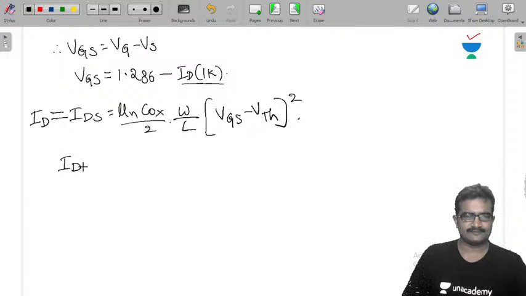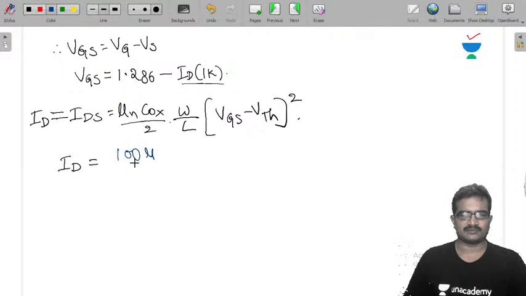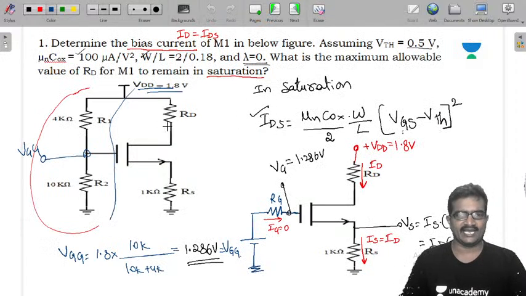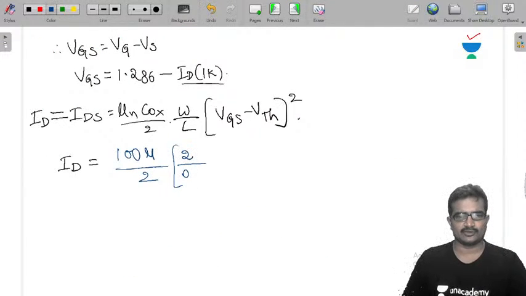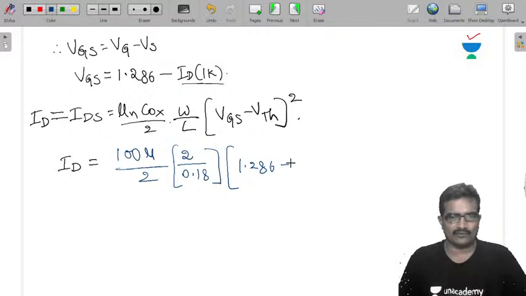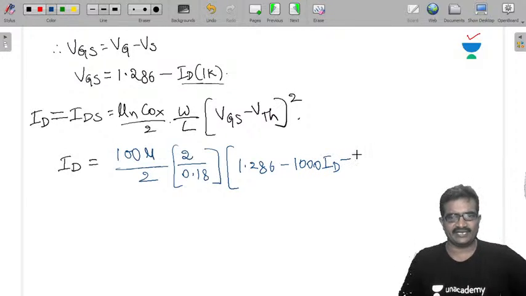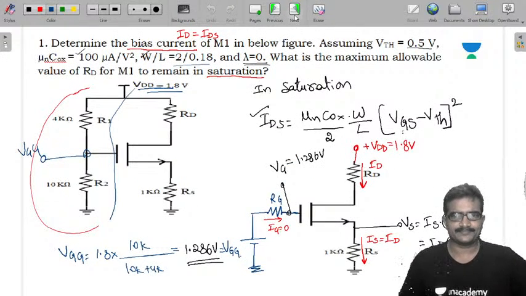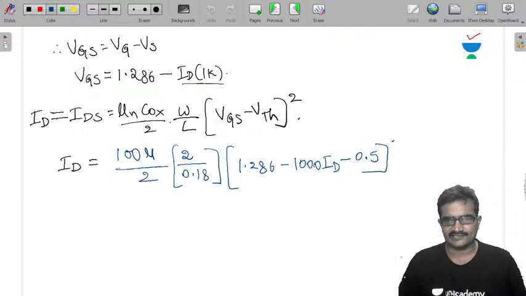Now therefore ID is mu n COX, which they gave as 100 micro amps per volt square, by 2 into W by L, which they gave as 2 by 0.18, into VGS, 1.286 minus ID into 1K, that is 1000 ID, minus VTH, which they gave as 0.5. Just check. Yeah, it is 0.5.